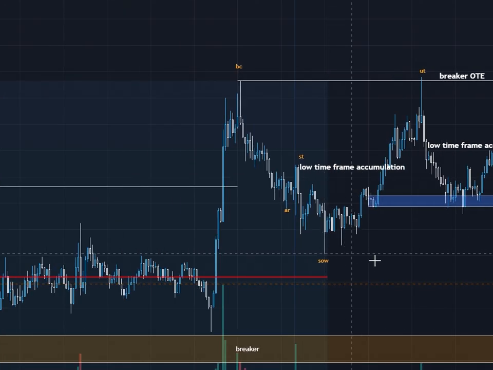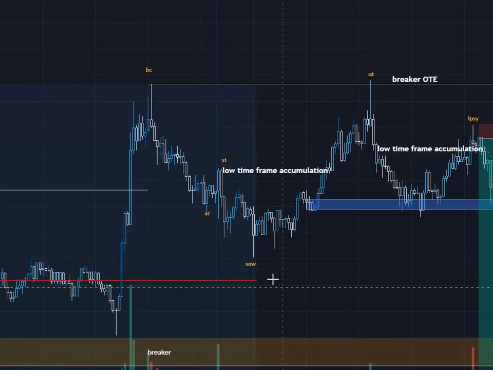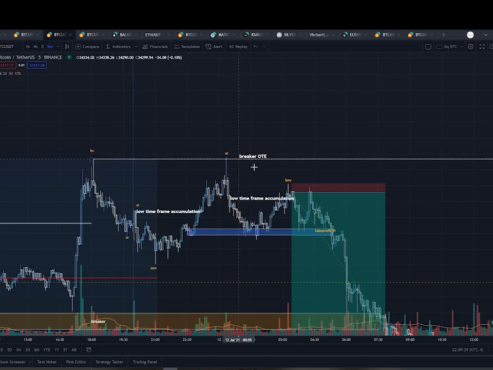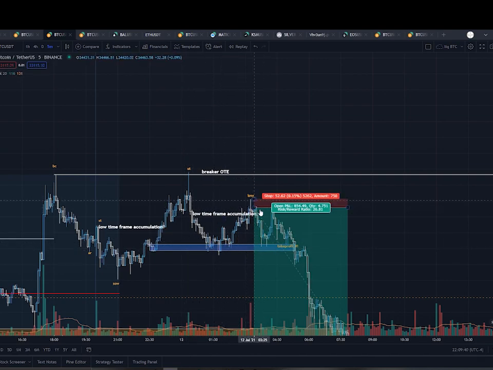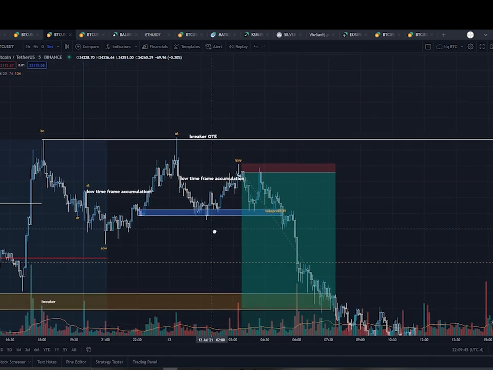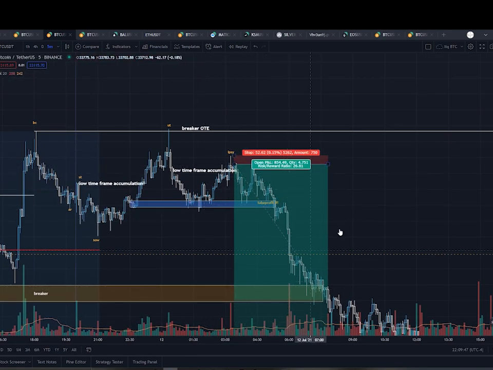Doesn't really matter too much. But then here's our sign of weakness. Our UT, our upthrust, taking out liquidity highs and moving the price lower to take all of those stops and to push the price down so that institutions can continue selling. And here's our last point of supply. And then we just move down from there.